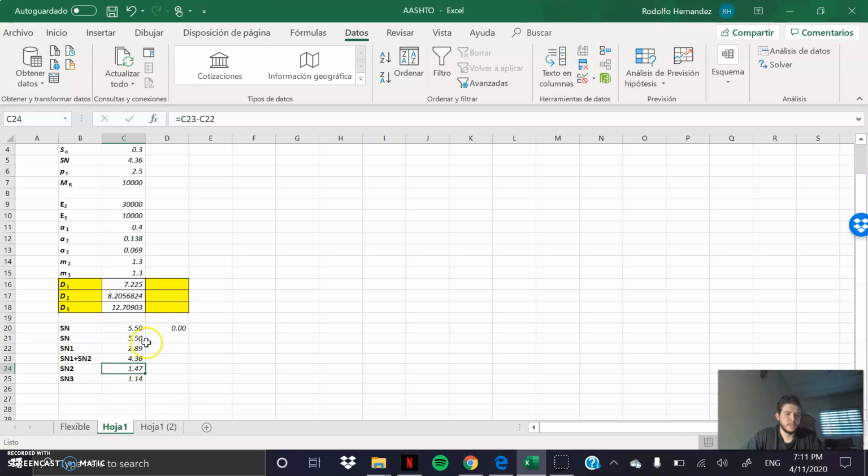And with these structural numbers, we can get SN2 by subtracting SN1 from SN1 plus SN2. That gave us SN2.